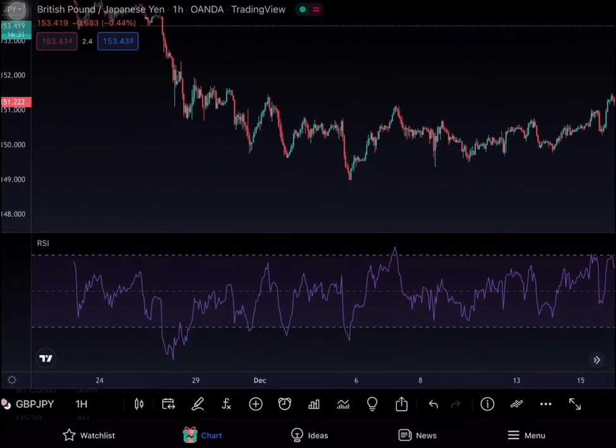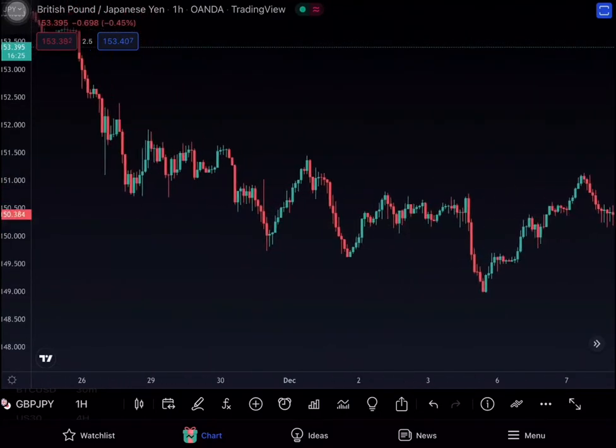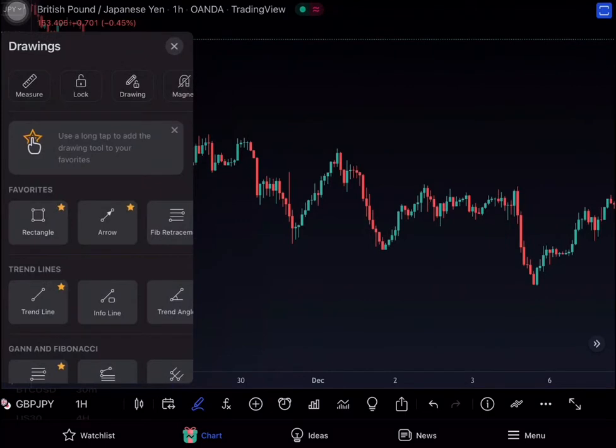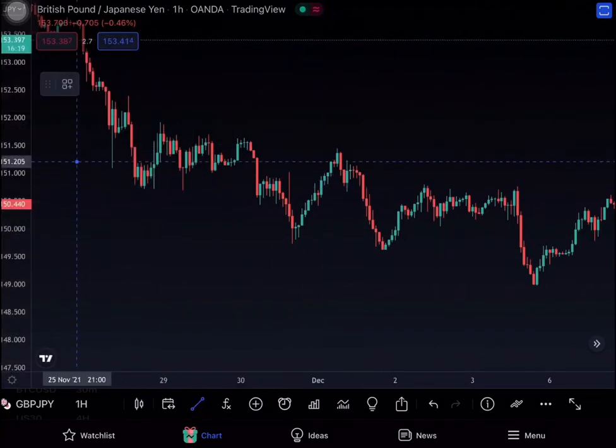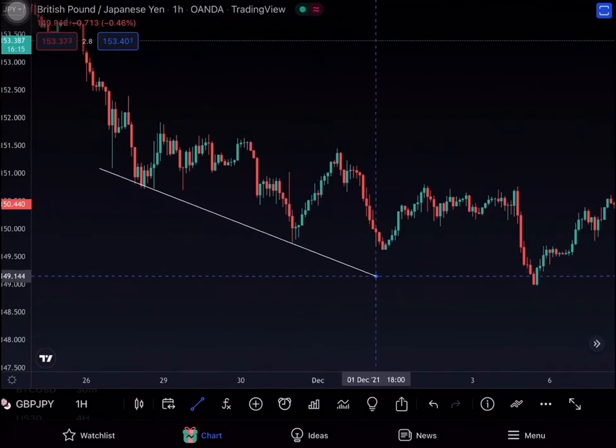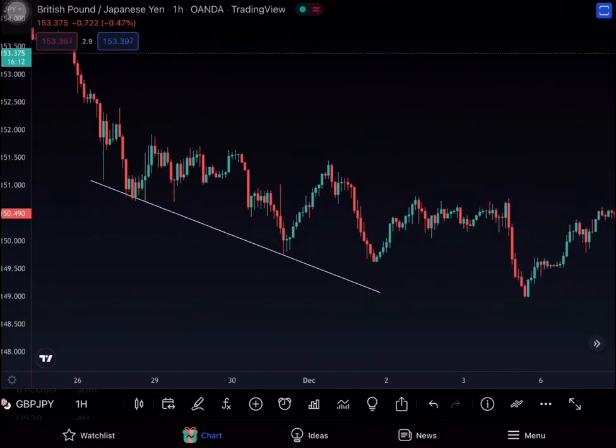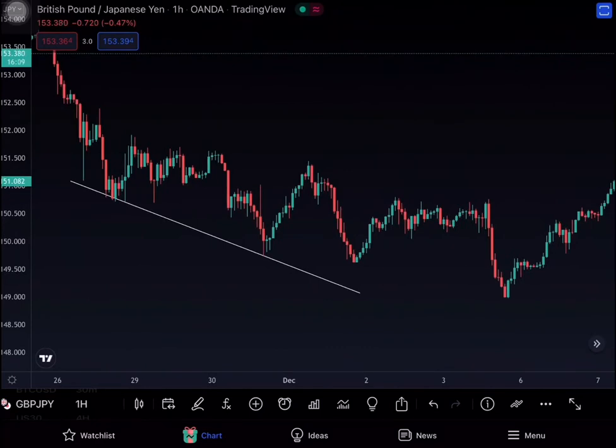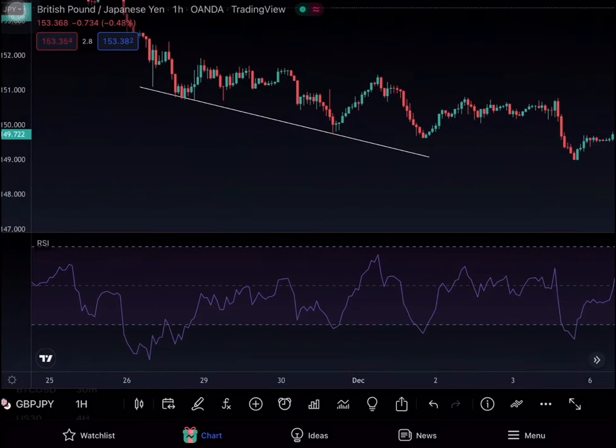As you see, we have three lows, and when we check it in RSI, the second low is higher than the first low, and of course the third one is higher than the second one.